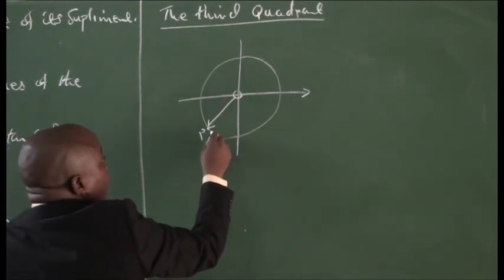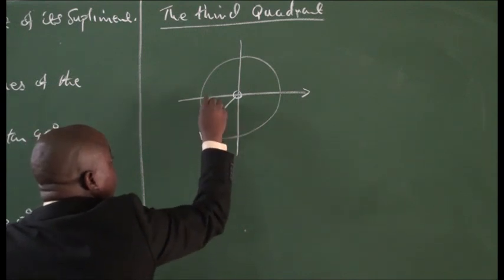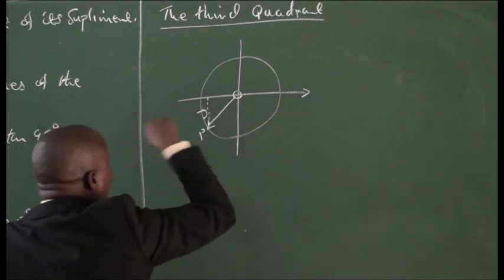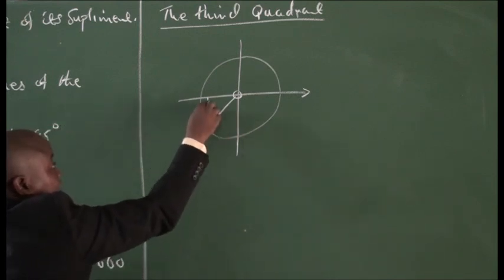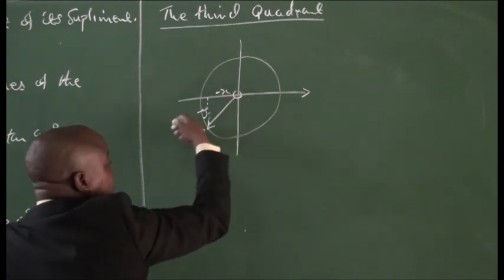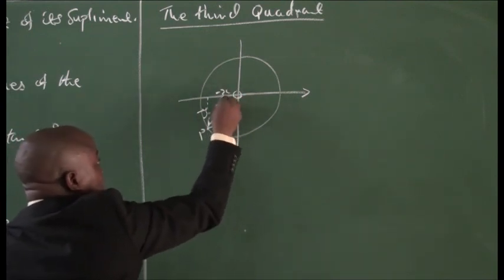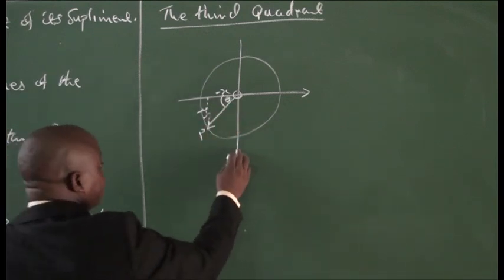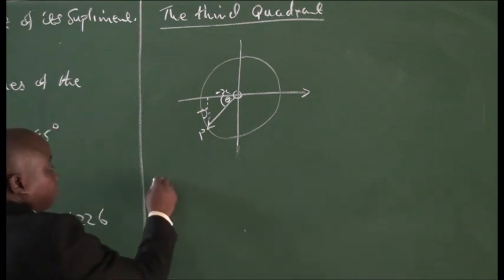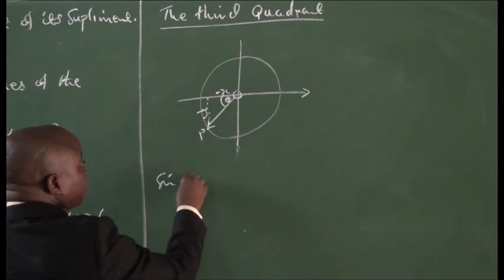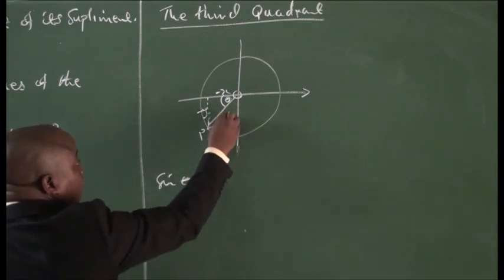If we drop this projection, on this axis we have minus y, and we still have minus x, because this is where theta is formed. We can now define it based on the trig ratios.